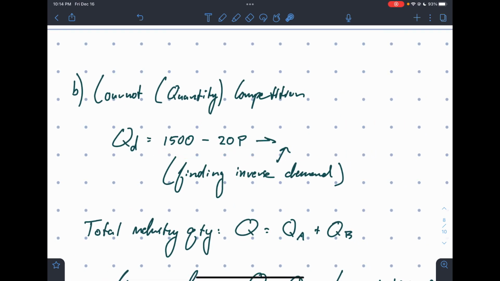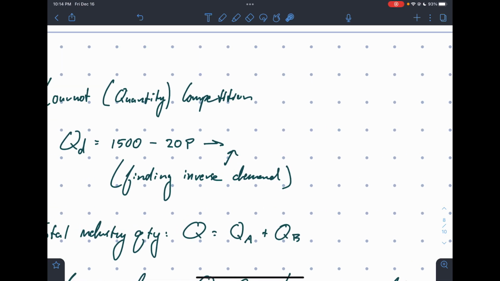What we want to do for this problem, it'll be helpful to find the inverse demand function. So I'm going to rewrite this, and I want to find P as a function of Q. We'll see why in a bit.